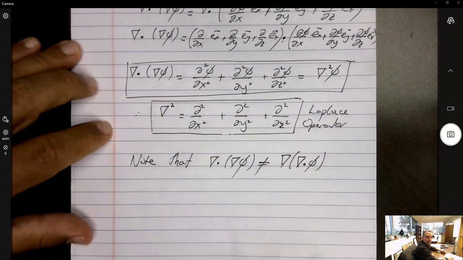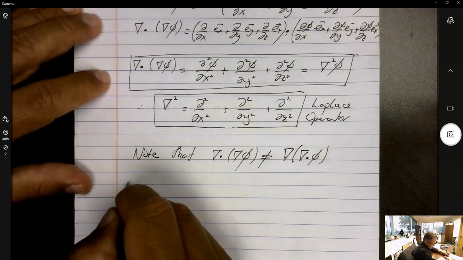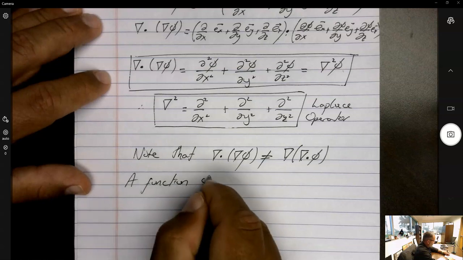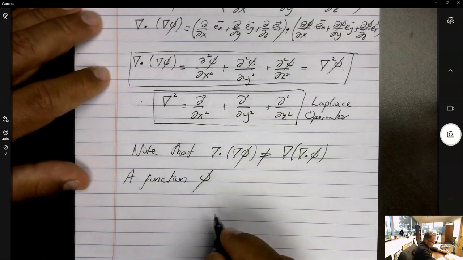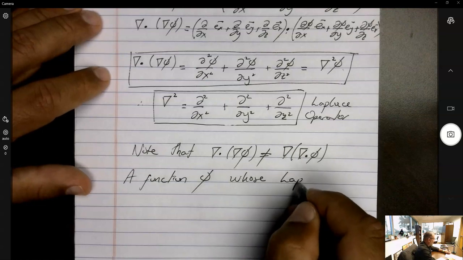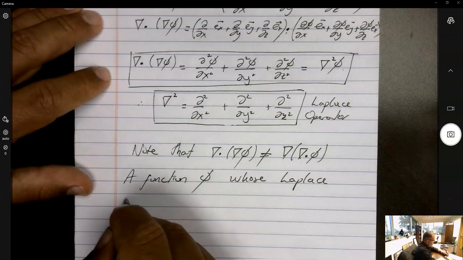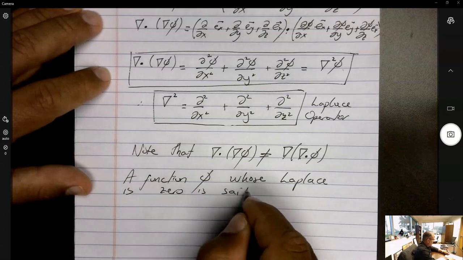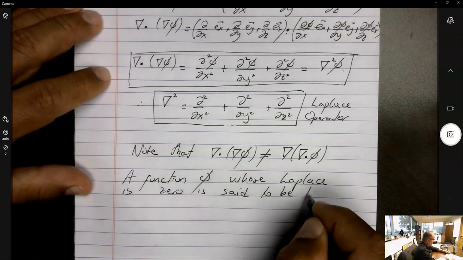Also, we can say that a function phi, which is normally called a potential function, whose Laplace is 0, is said to be harmonic.